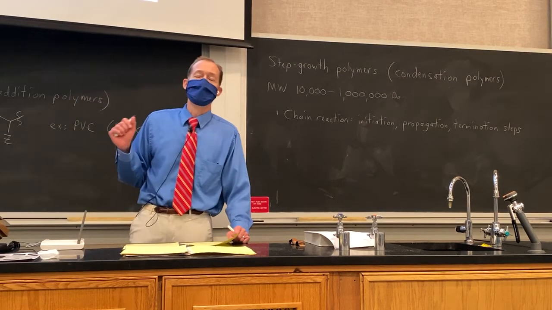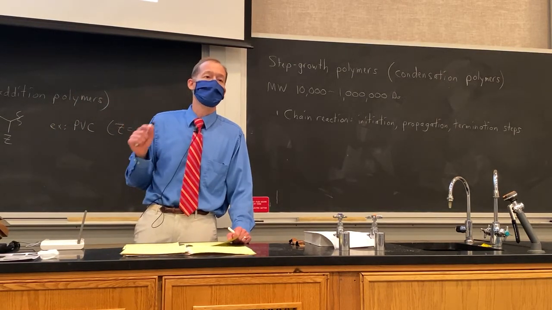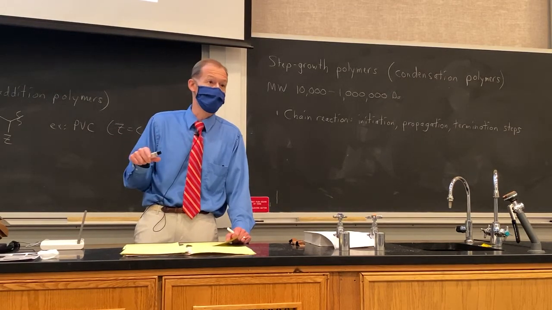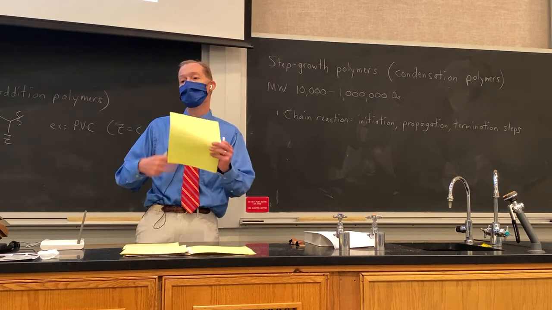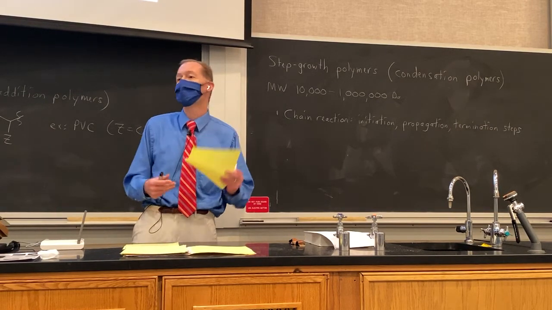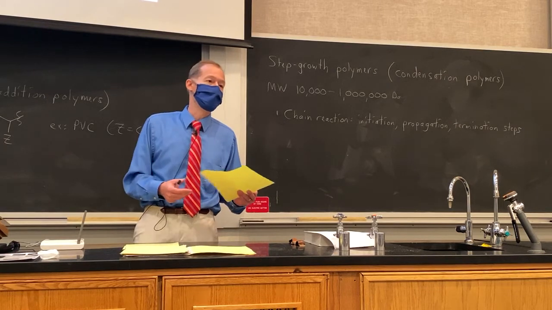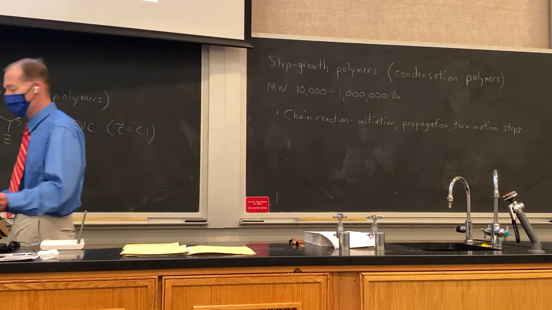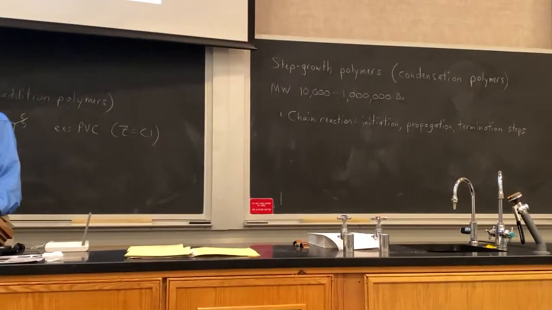Okay? So we've only learned about those types of steps, initiation, propagation, and termination, in the context of radical chemistry. But today we're going to learn that you can have chain reactions with other types of intermediates. You can have chain reactions with cationic intermediates and chain reactions with anionic intermediates. But we'll start with the radicals, because those are the ones that we are familiar with.